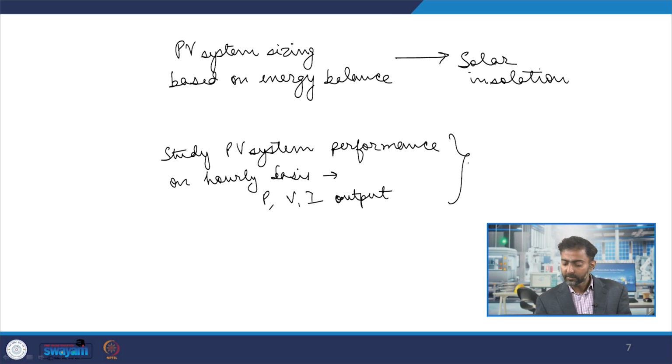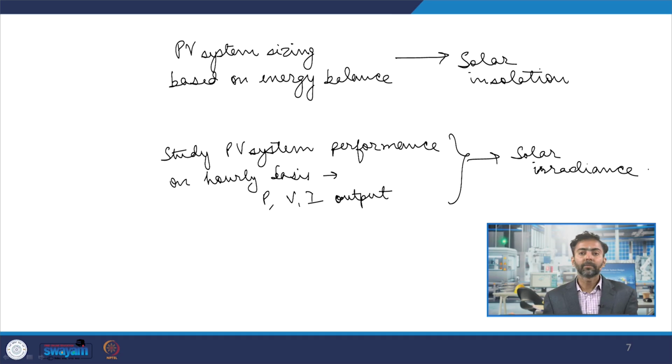Then for these types of studies we will definitely need to go for solar irradiance. We will need the time to time fluctuation of the power intensity of the sun. So, depending on the application, we can use solar insolation or solar irradiance for different types of studies. This can be for hourly or even lesser, sub hourly studies.